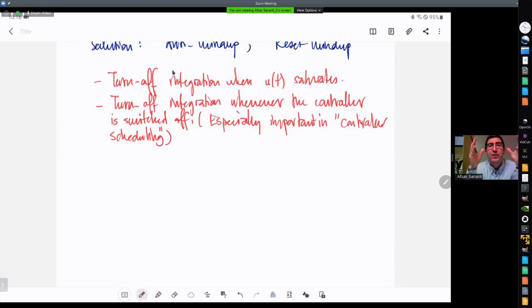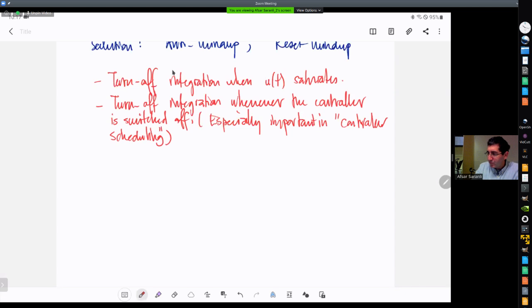For example, if you think about a plane, an autopilot, your wings, your control surfaces have certain angular ranges. If you reach that angular range, any input that you apply beyond that point will not be registered physically. So any time you have a limitation on the actuator, integral windup is a problem.